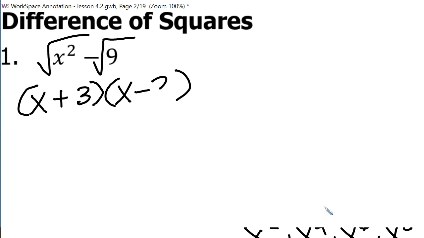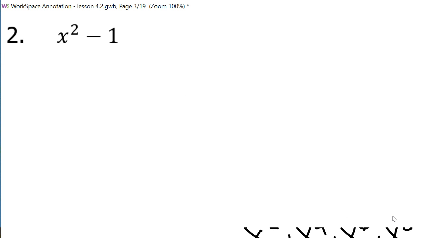Next one, number 2. We have x squared minus 1. First of all, we have to check to see, is this a difference of squares? So do we have a minus in the middle? Yes. Is x squared a perfect square? Yes. Is 1 a perfect square? Yes, it is, because the square root of 1 is 1.